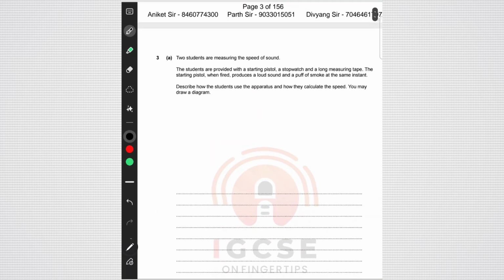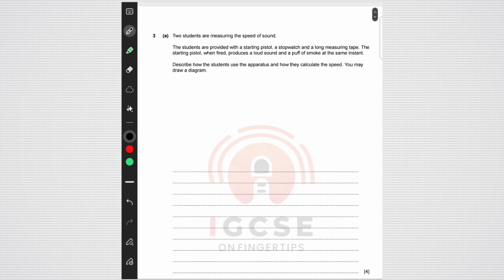Then we have a question. Two students are measuring the speed of sound. Students are provided with a starting pistol, a stopwatch and a long measuring tape. The starting pistol, when fired, produces a loud sound and a puff of smoke at the same time. Describe how the students use the apparatus and show how they calculate speed. You may draw a diagram.